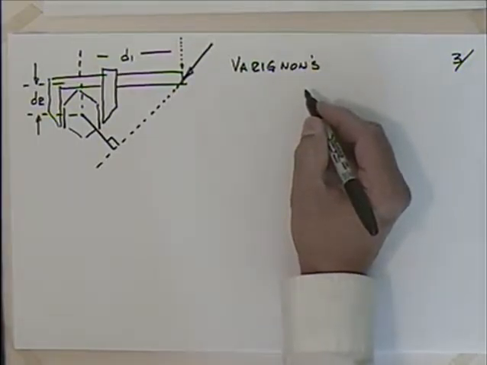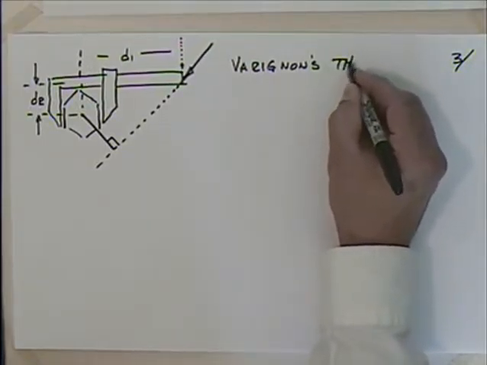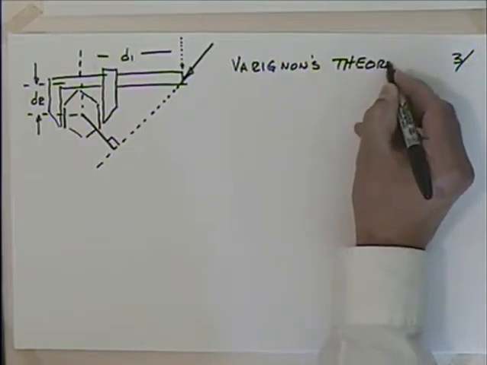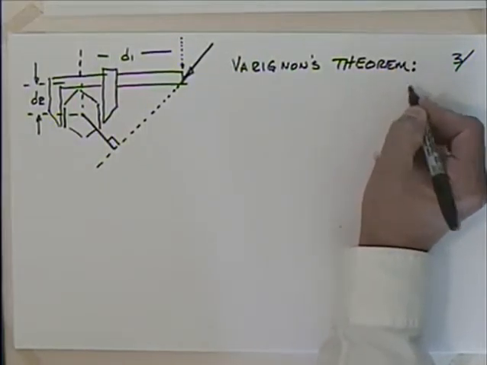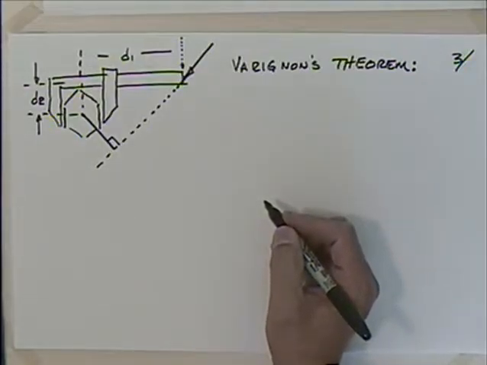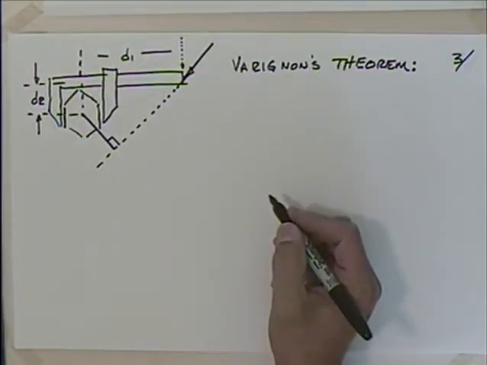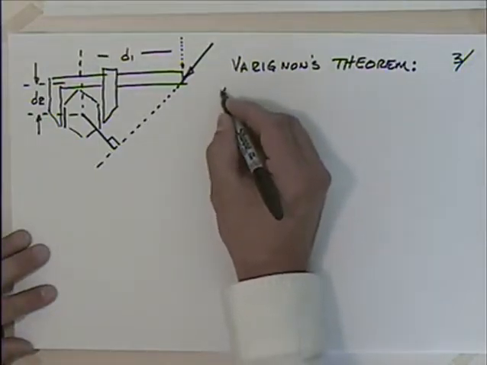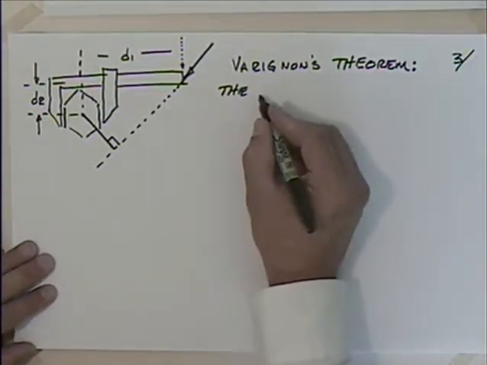I'm sure I got that spelled right. What Varignon's theorem says is that the moment of a force about any point is equal to the sum of the moments of the components of the force about the same point.